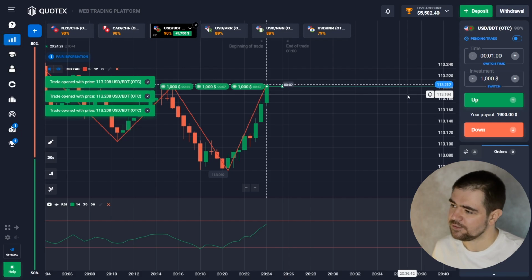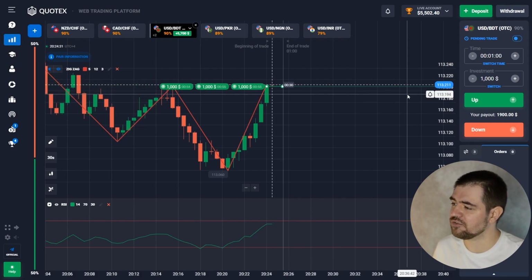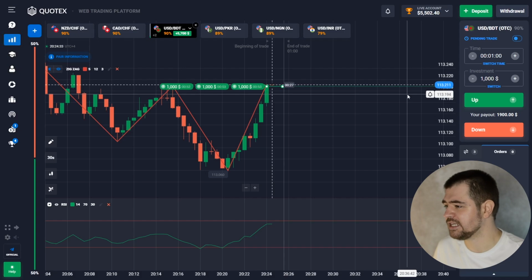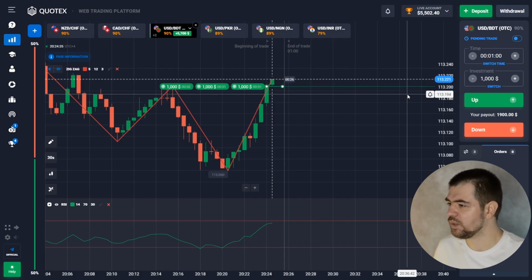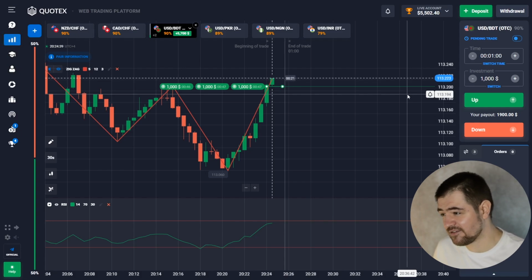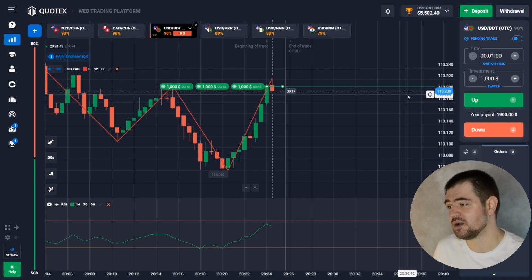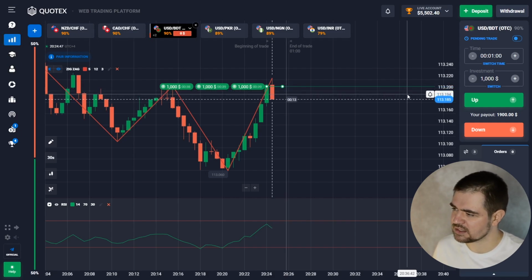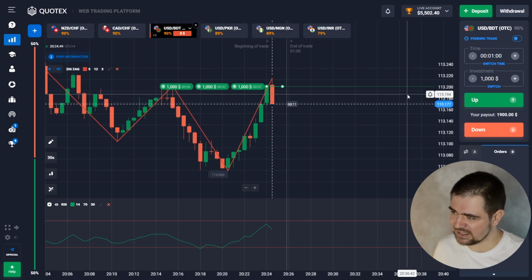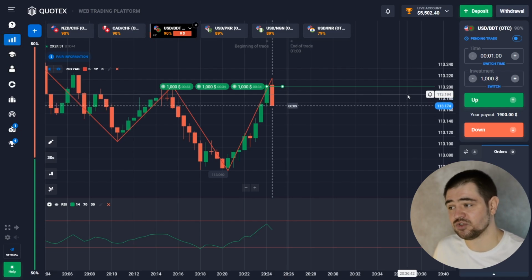So a 3,000 call option for 1 minute, and here we are going to see if it breaks through this resistance level. It broke through one. There are a couple of resistance levels here to break, or it can be generalized to one because it's not far, but I think it's two layers here.